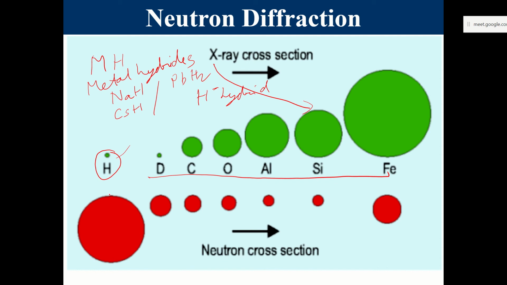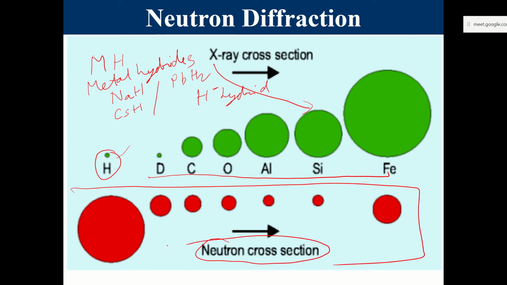But at the same time, if you analyze the neutron cross section, the scattering of neutrons from the same point, hydrogen, is very good, a bigger cross section. Many lighter atoms like deuterium, carbon and others also have very good scattering cross sections.